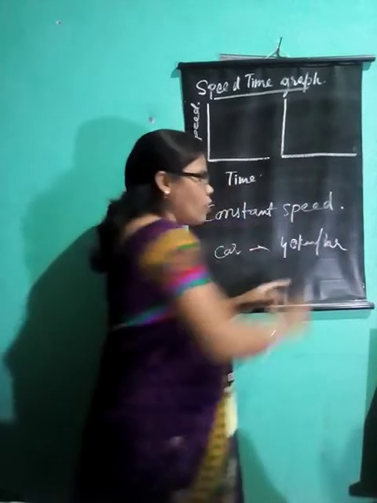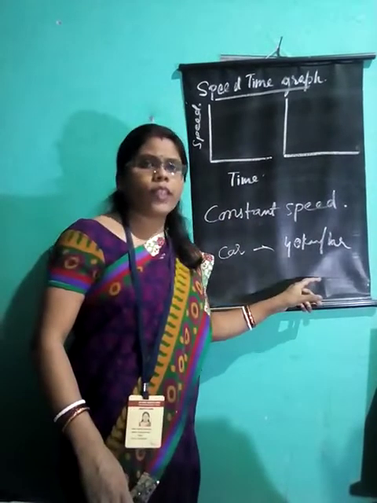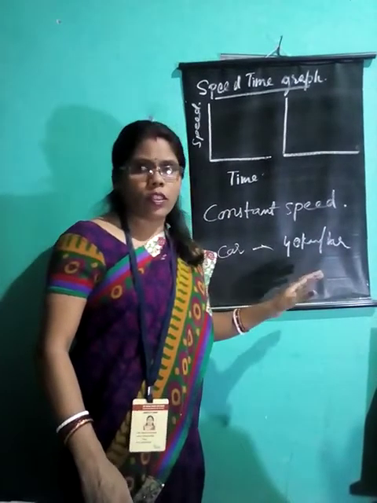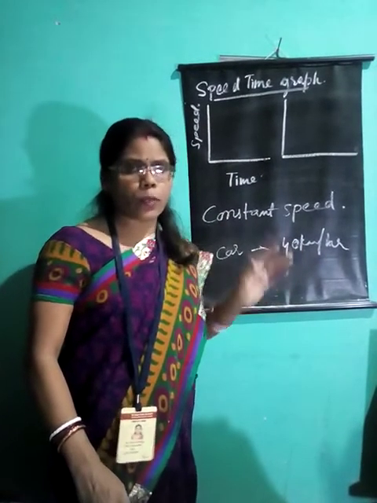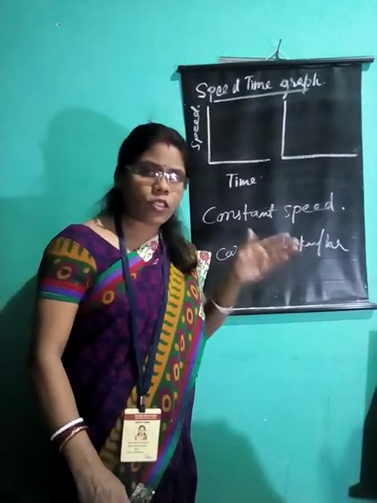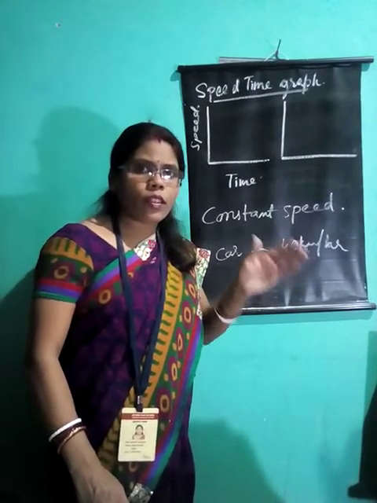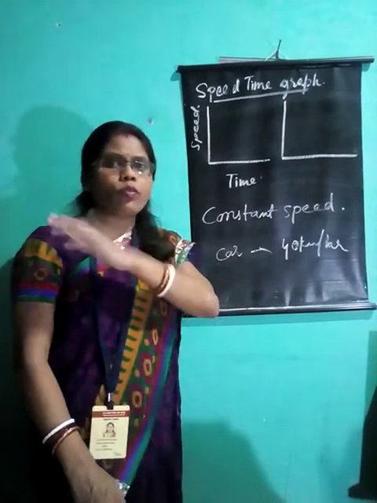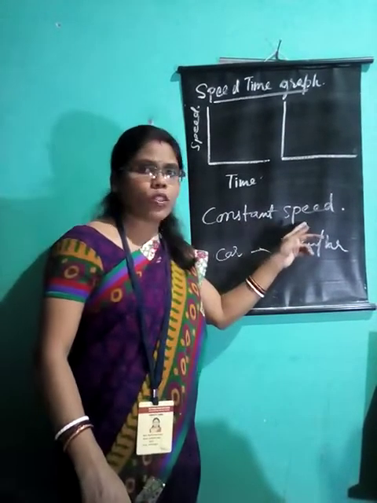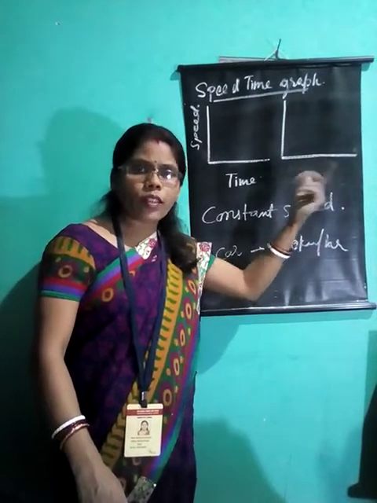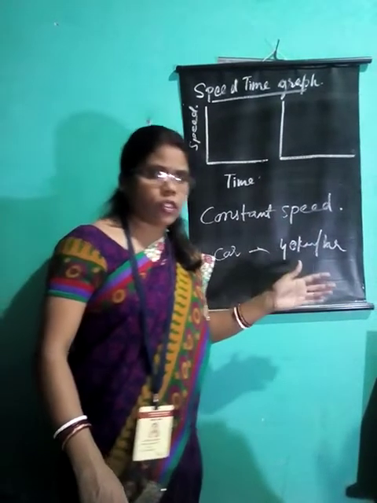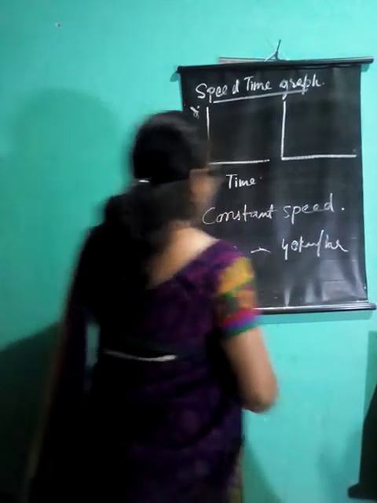It is continuously moving at 40 km per hour only. It is not changing its speed. It is fixed. It has started at 40 km and it is continuously moving at 40 km. So that is constant speed. No retardation, no acceleration. Nothing is there in this.